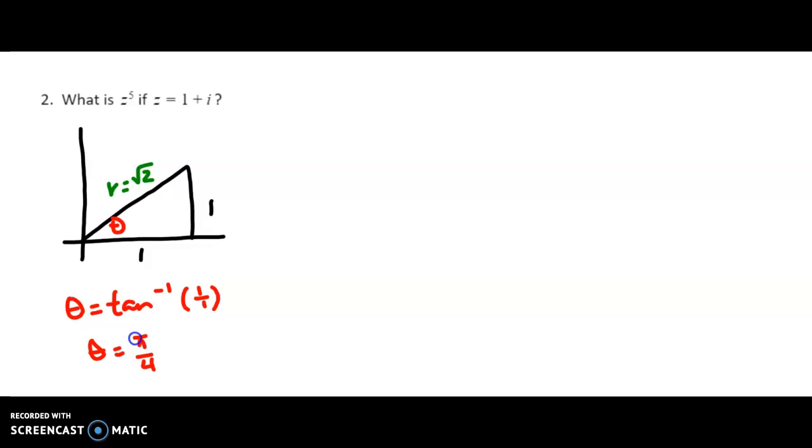So that's pi fourths, and so now, putting that all together, z is going to equal root 2 cosine of pi fourths plus I sine of pi fourths. Okay, and we were asked what is z to the 5th power.